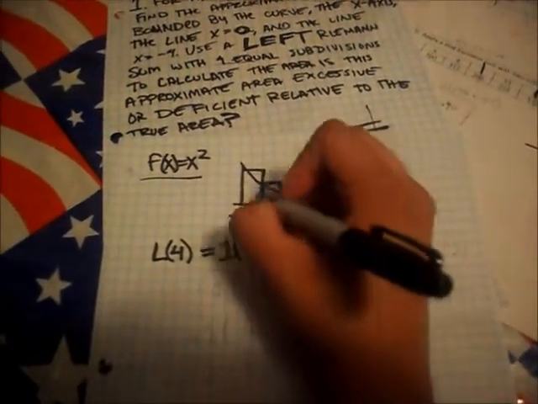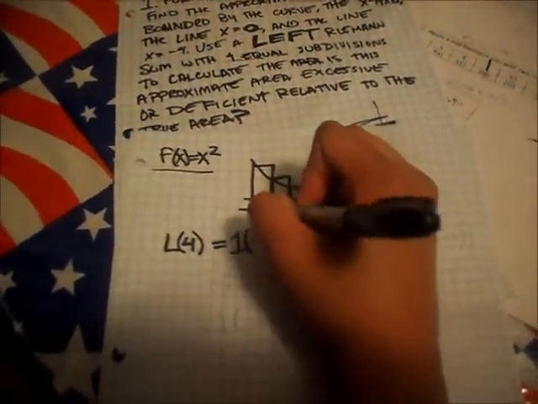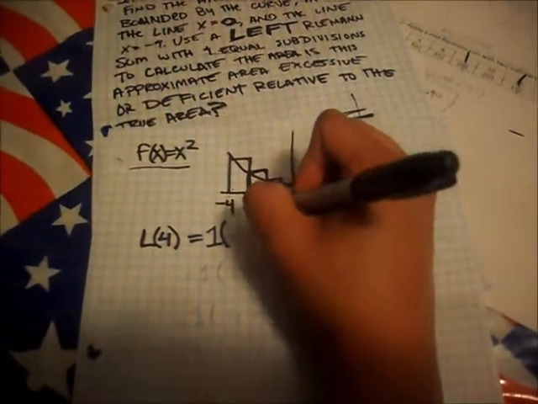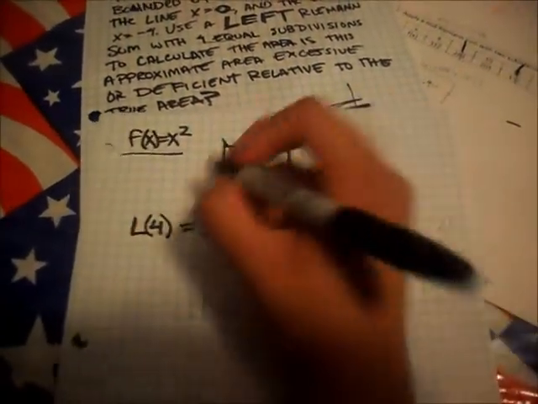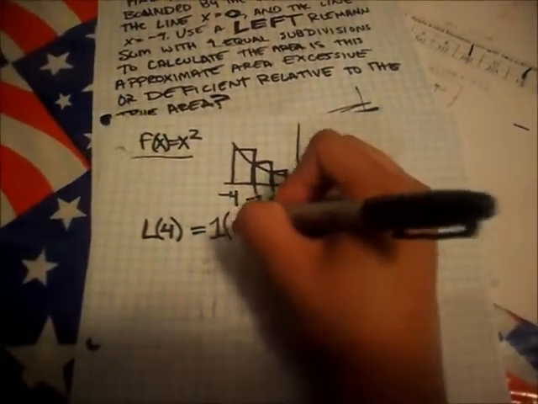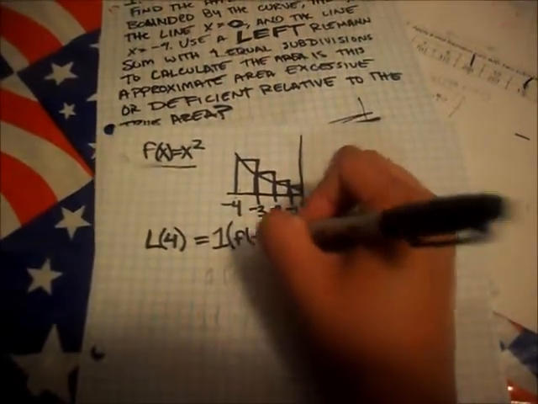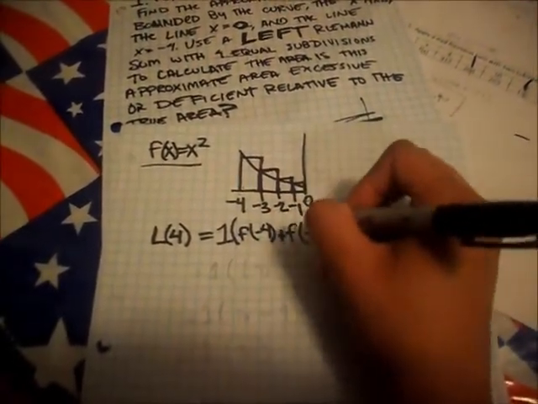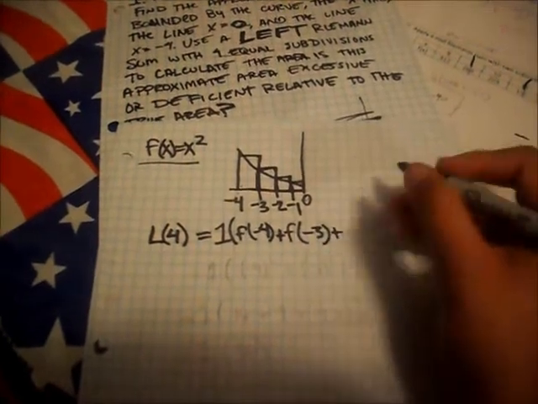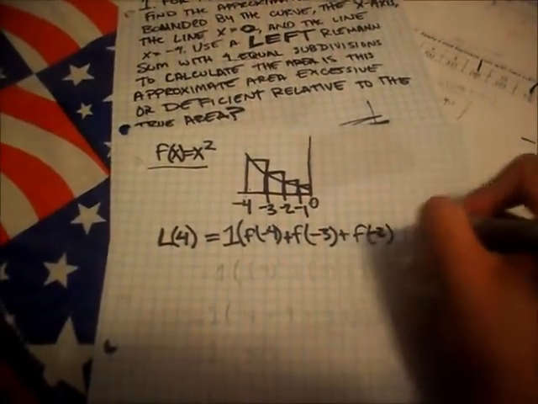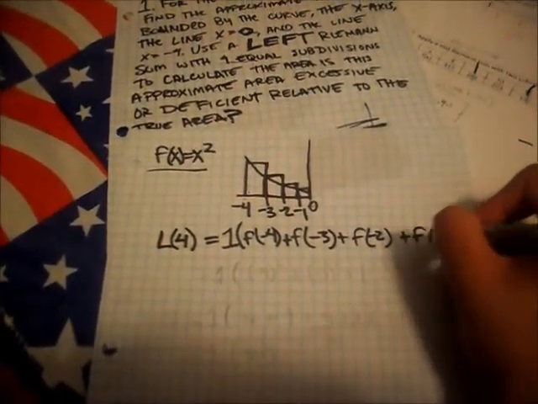Multiply by 1 because each one is 1 interval. So the equation is going to look like this: f of negative 4, f of negative 3, plus f of negative 2, and plus f of negative 1.